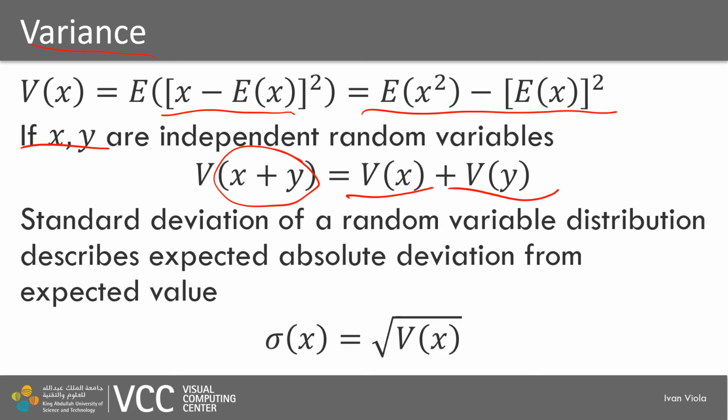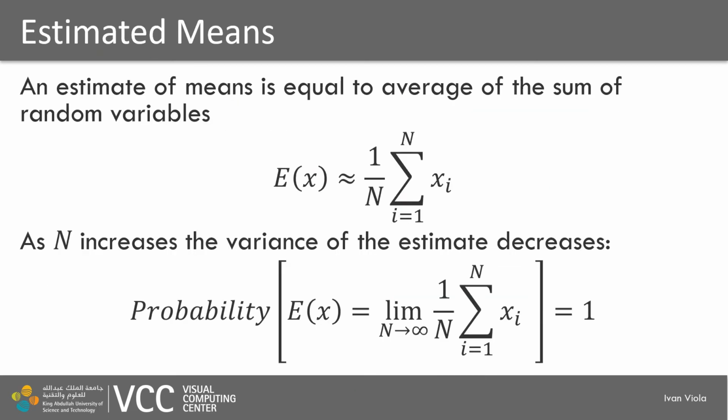And we can use variance to calculate the standard deviation, which gives us an understanding of how much the random variable is deviating from the expected value in an absolute sense, so not signed. It is defined as the square root of the variance. So we know this already.